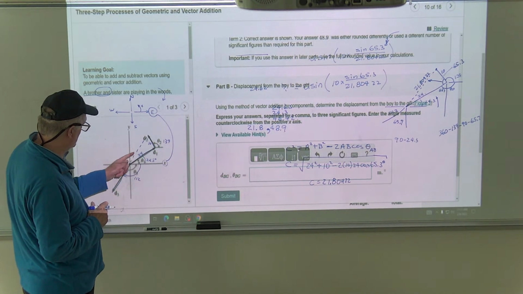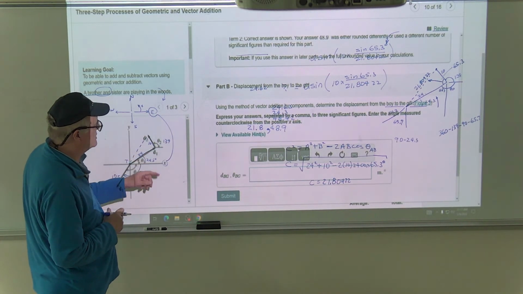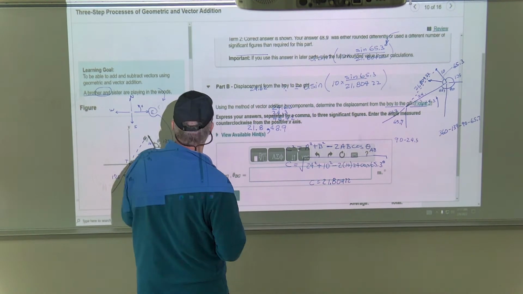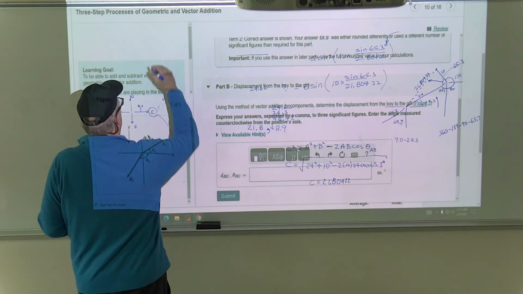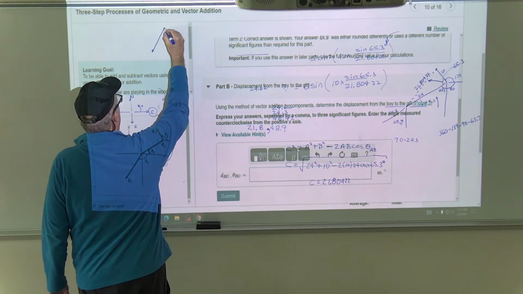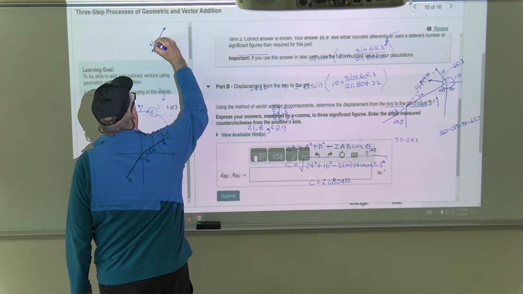If you finish this part, you could redo this to the point where you could say to yourself, okay, let me make sure I don't delete the information I need. So in other words, there's where the boy is located. The boy is now located 21.8.